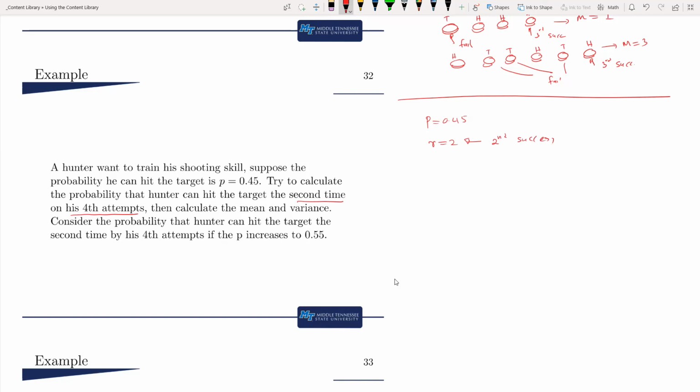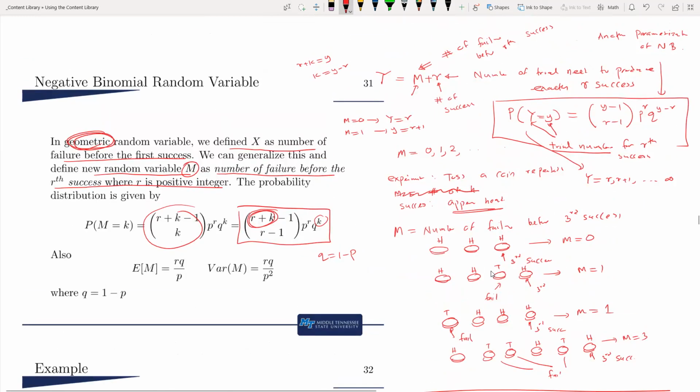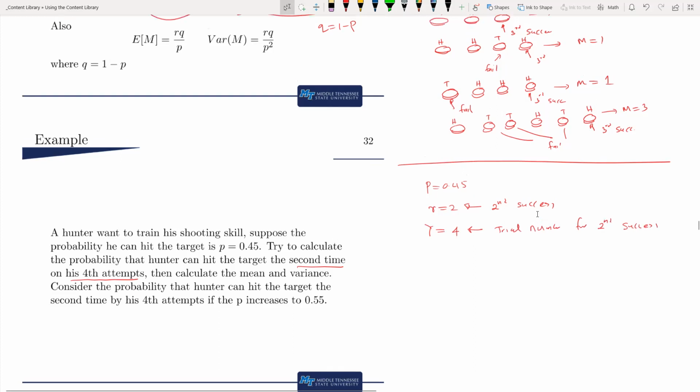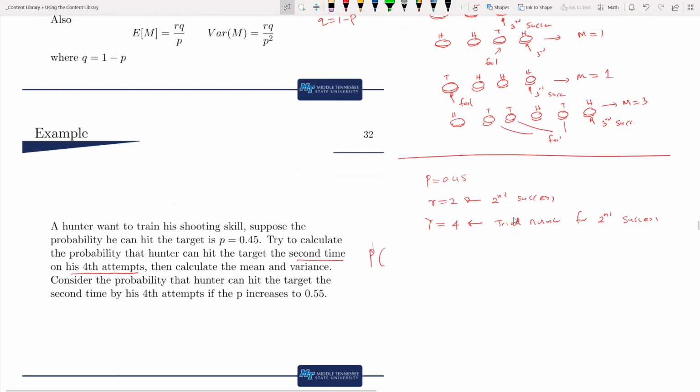So this is basically the random variable: the trial number for R successes. It tells me the trial number for the second success should be 4. So I can use the second parameterization of the negative binomial and write the probability that Y equals 4.